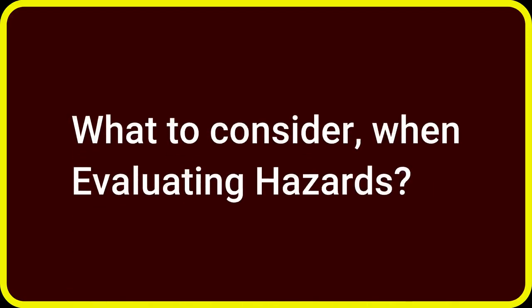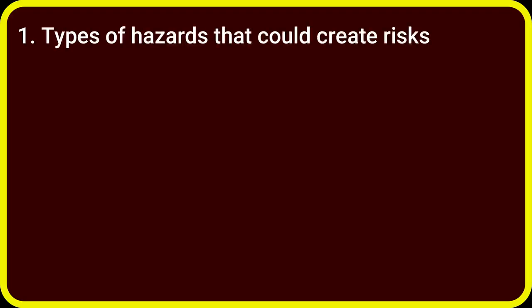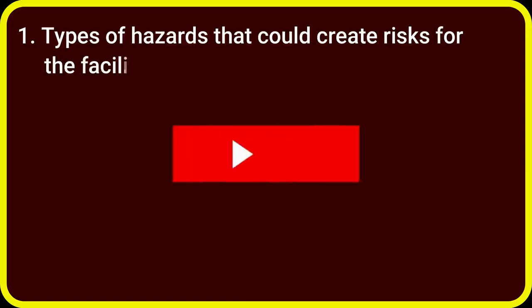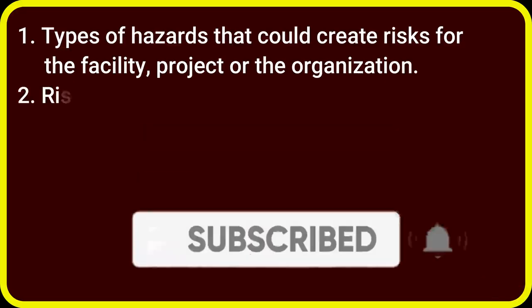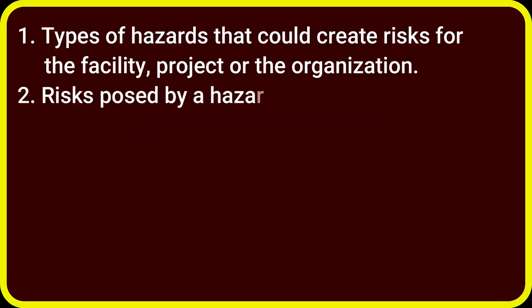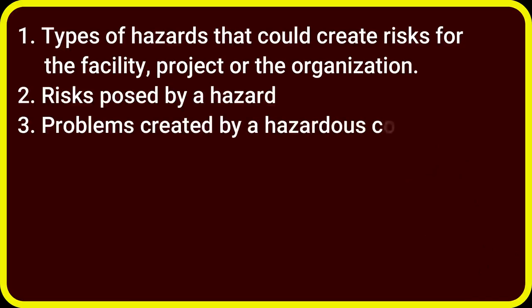Let us discuss now what to consider when evaluating hazards. Number 1, types of hazards that could create risks for the facility, project, or the organization. Number 2, risks posed by a hazard. Number 3, problems created by a hazardous condition.